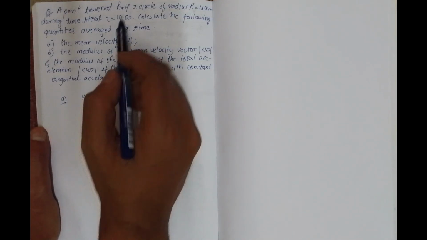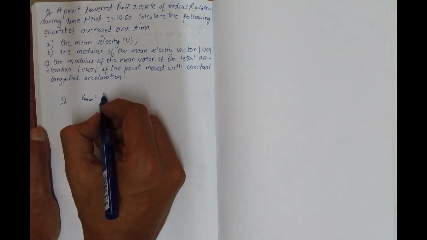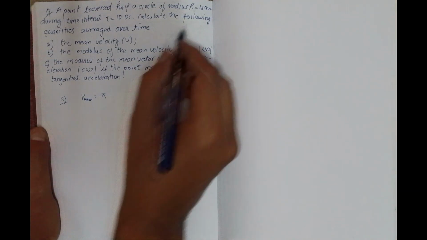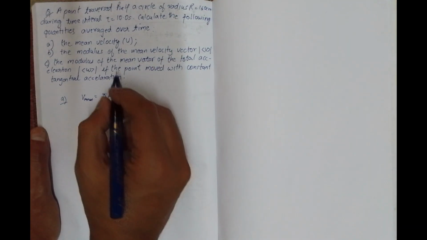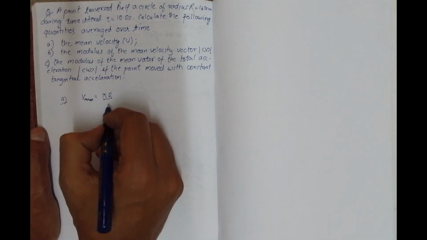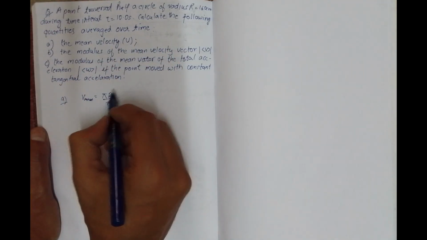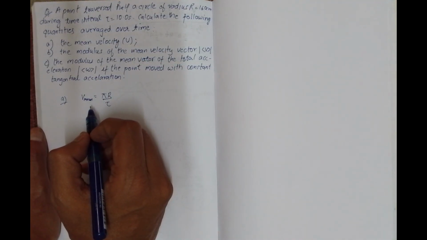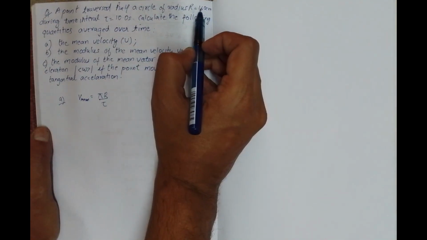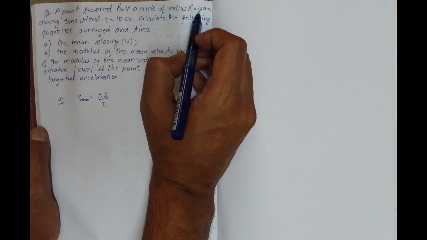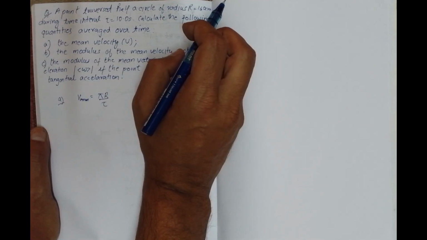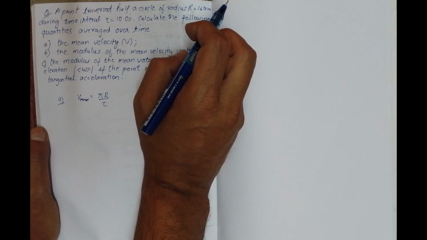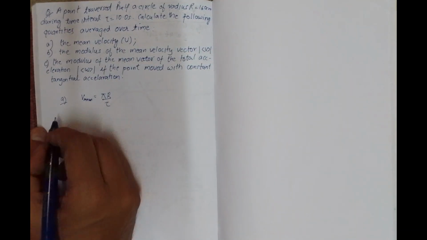Distance traveled is half a circle, so it's pi r, divided by total time taken. You can calculate this, whatever it is. This will be the mean velocity in appropriate units. You can convert this into meters, and then you'll get the mean velocity in meters per second. So this will be the first part.